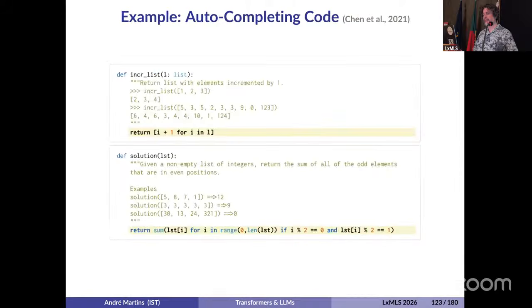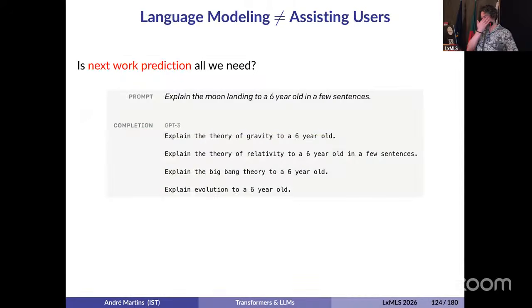But one important thing to point out is that language modeling is not the same thing as assisting users. This point was already made in Leon Bottou's talk. I think he showed exactly the same example, or a very similar one. If you take GPT-3, as I just described, trained on next word prediction, and you prompt it with "explain the moon landing to a 6-year-old in a few sentences," this is what GPT-3 is going to generate.